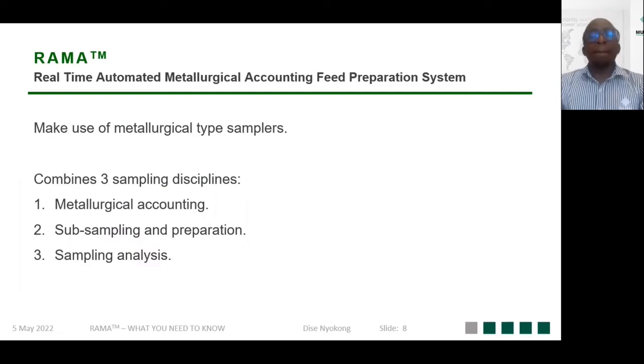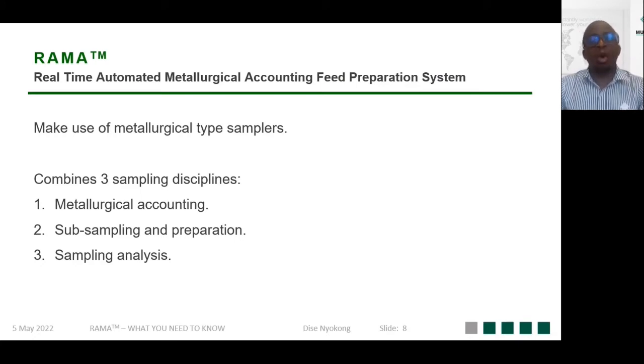Now, because I've explained the two setups of process control versus metallurgical accounting, what Multotec proposes is using metallurgical accounting samplers to actually feed online analyzers, as compared to the conventional setup where process control samplers would be used. So that's why it's called real-time automated metallurgical accounting, referred to as RAMA, which is the new feed preparation system being proposed.